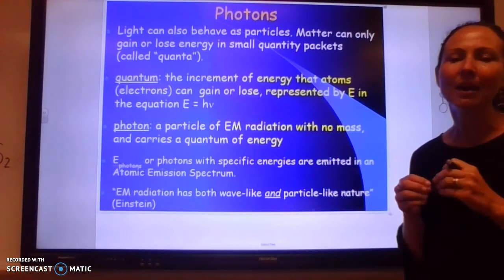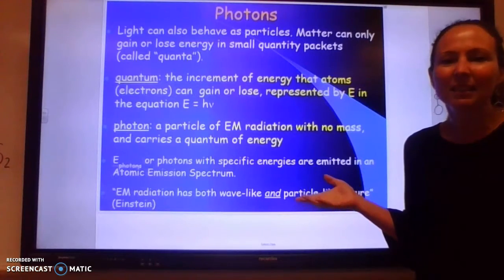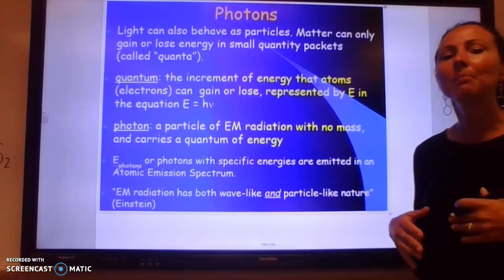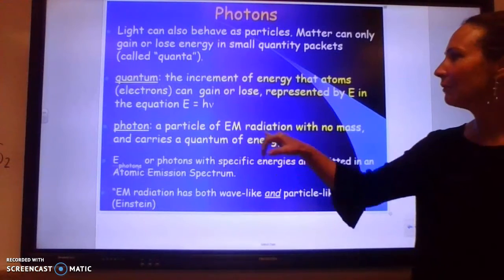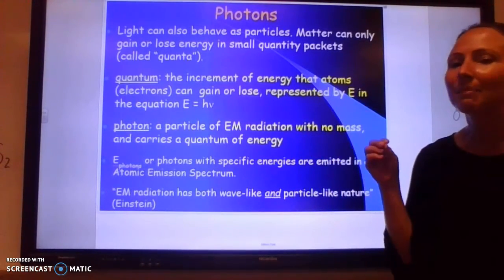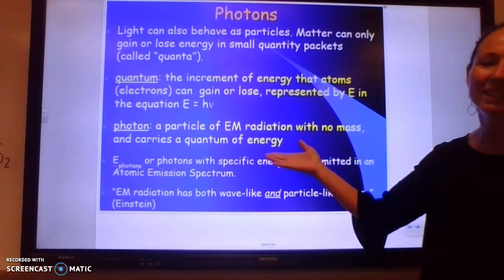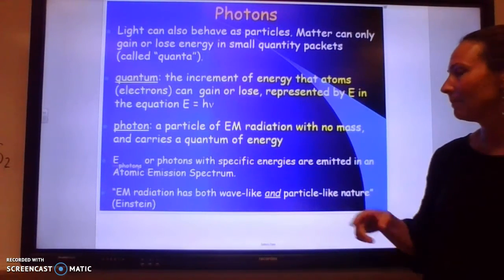It says it carries no mass, but it's so minute that it really doesn't seem to weigh anything. But the effect is you see this light. Okay, so a photon, if it's a particle, then it's matter. And if it's matter, it has a mass, even though this says it doesn't. It really does. It's just a negligible mass.